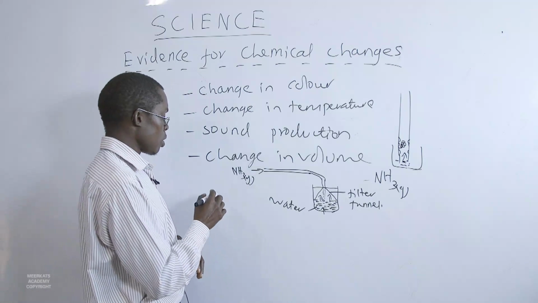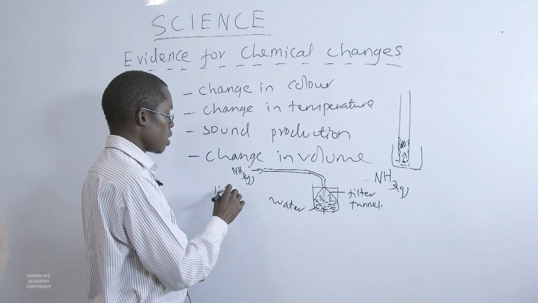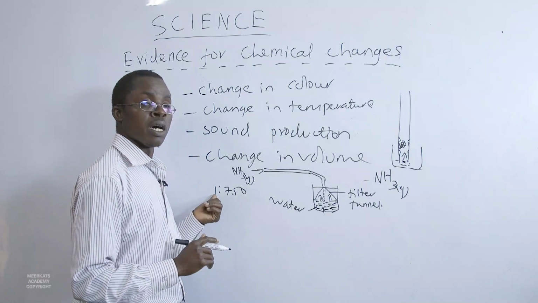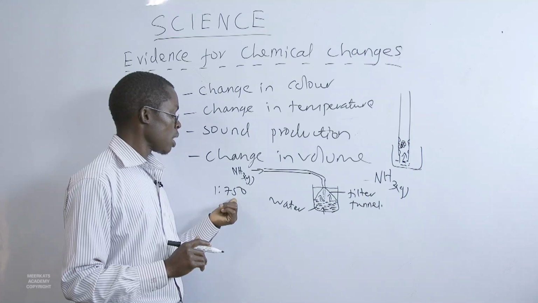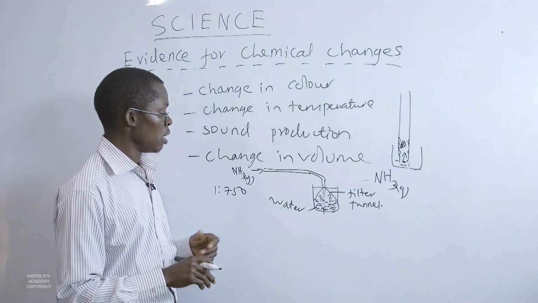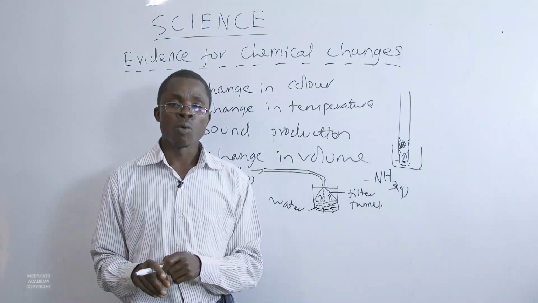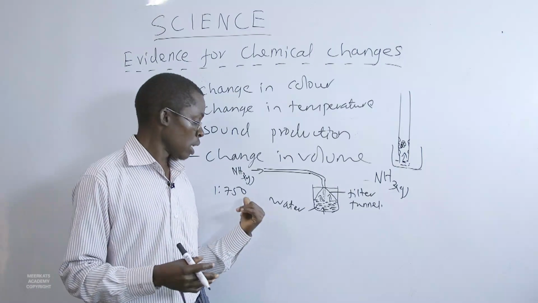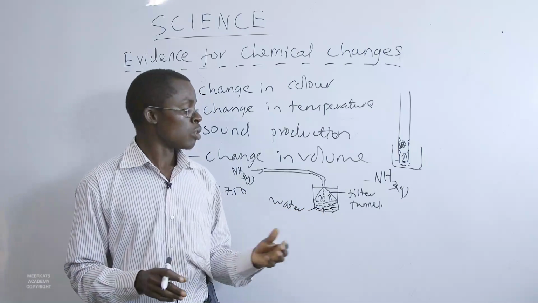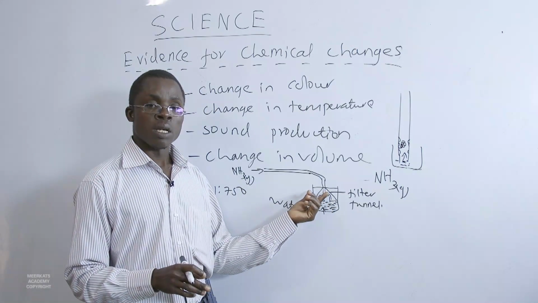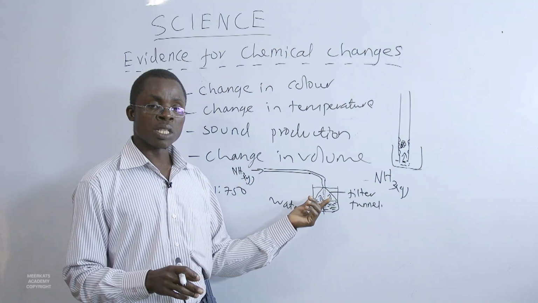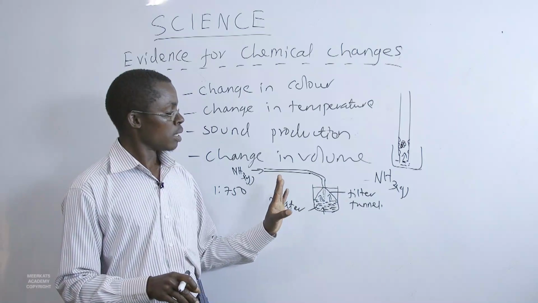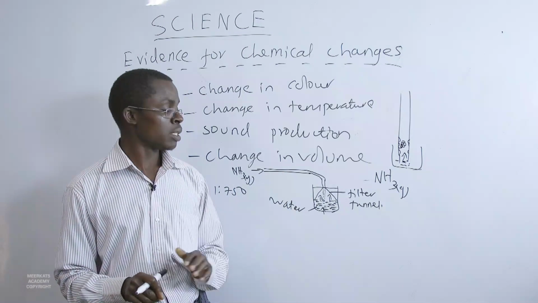The dissolving ratio here is 1 to 750. That's a very big ratio. A volume of water to a volume of 750 of ammonia, which is very big. So this makes the volume of water, which is now a solution, not water, because as ammonia dissolves, it forms a solution, rise in volume. By using that, it will have confirmed to you that surely there is a reaction that has taken place.